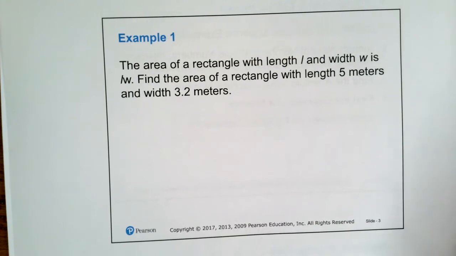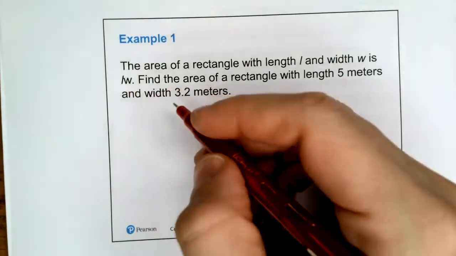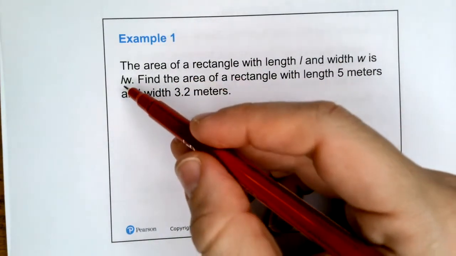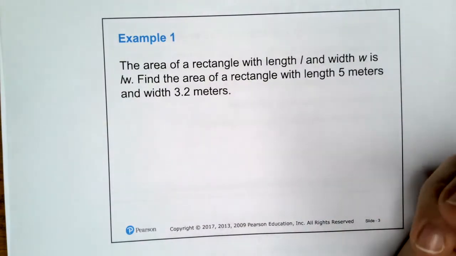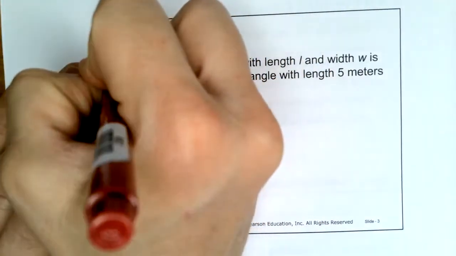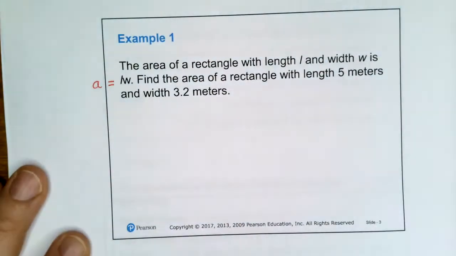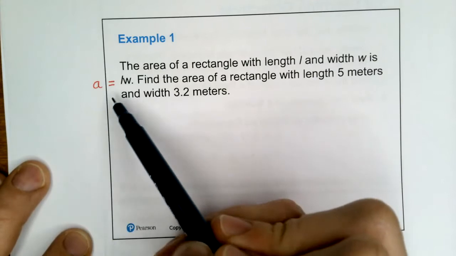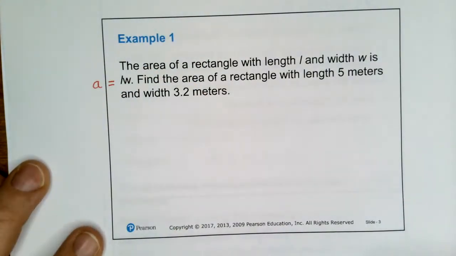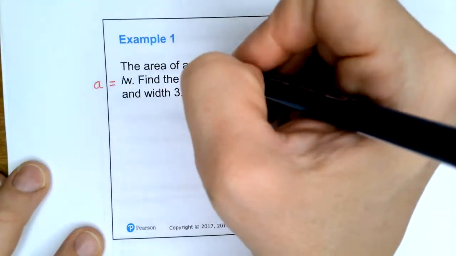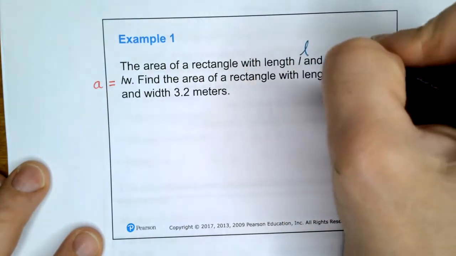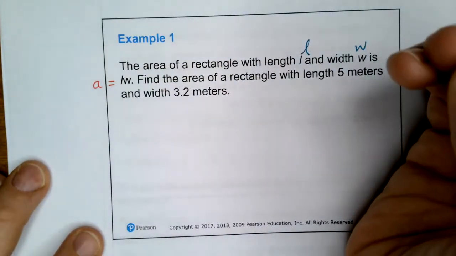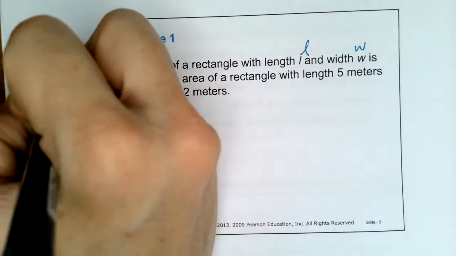All right. So for example 1, we are going to evaluate this expression. The expression is L times W. Actually, we can turn it into an equation because it's area equals length times width, right? So we just took it from an expression to an equation. All right, so our evaluation is the area of a rectangle with length L and width W is L times W. If it's right next to each other, it means multiply.